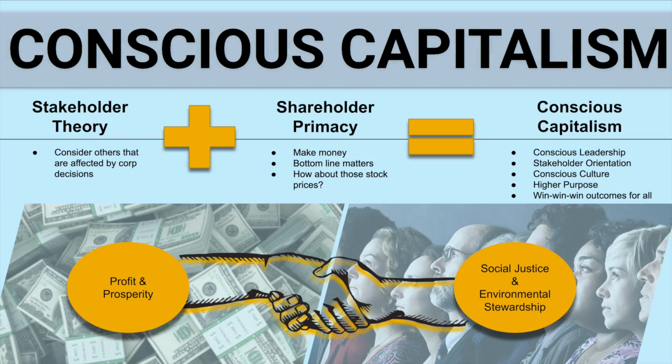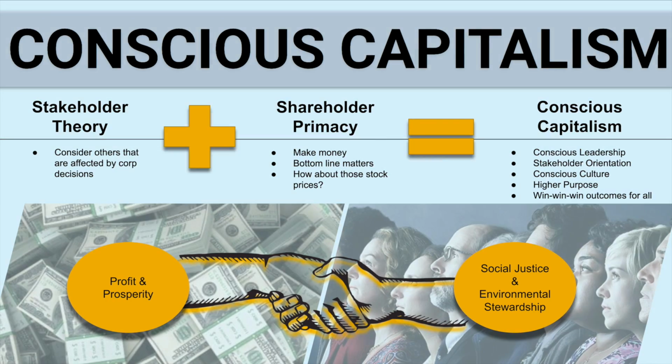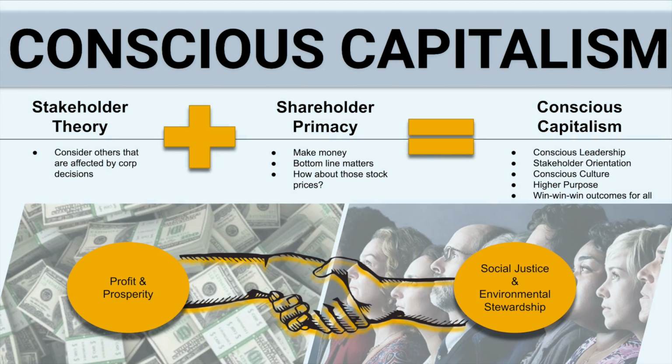Some effort has been made to integrate shareholder primacy theory and stakeholder theory, and that has resulted in another theory called conscious capitalism. Conscious capitalism embraces the idea that profit and prosperity must go hand in hand with social justice and environmental stewardship. It operates with a holistic or systems view, taking into account all stakeholders since they are connected and interdependent.